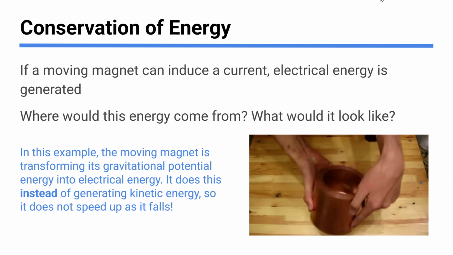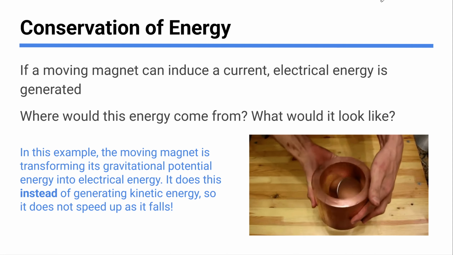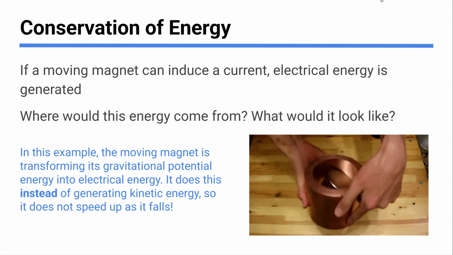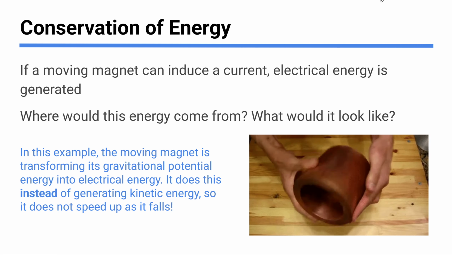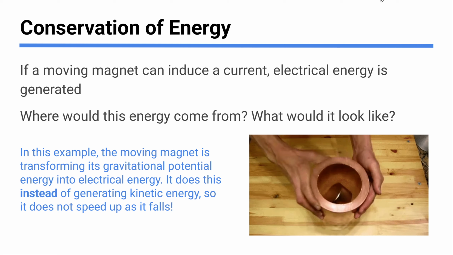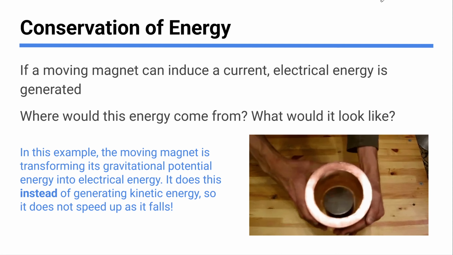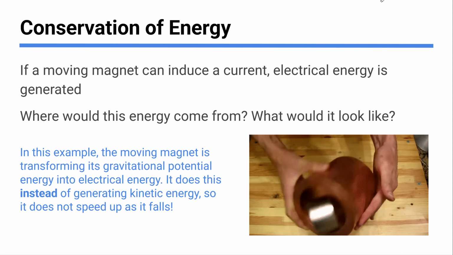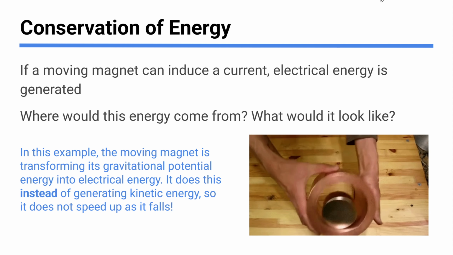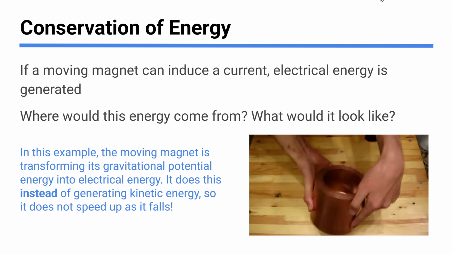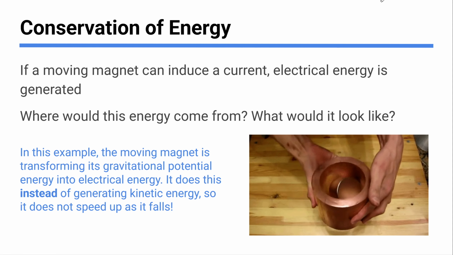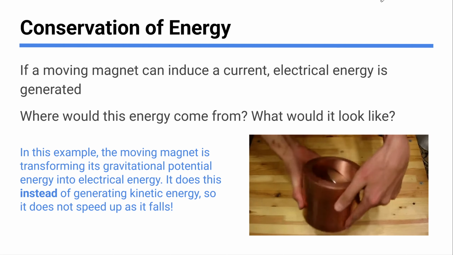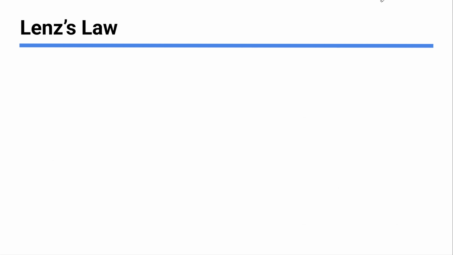Because you're making this electrical energy, you don't speed up. All right, so conservation of energy is what's happening. Another way to picture this is there's some resistive force acting on that magnet as it falls, and the work being done involving this resistive force is going to translate to the electrical energy we're making in the copper here.